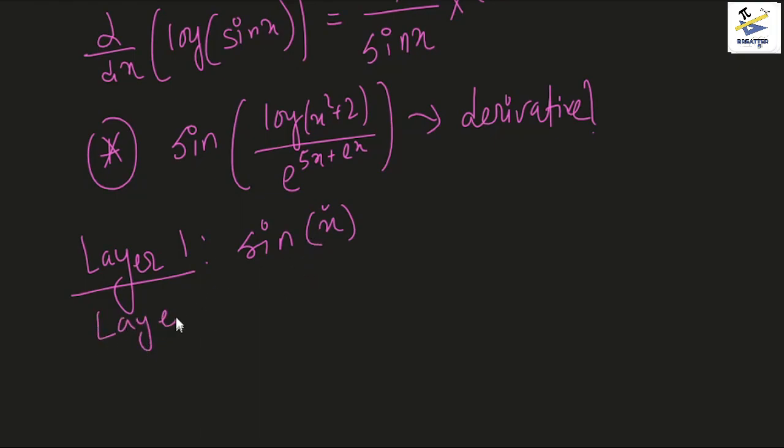Layer 2 is of the form f(x) by g(x), right? Layer 2 is of the form f(x) by g(x), which we learned before, that the derivative of the quotient of two functions can be evaluated how?